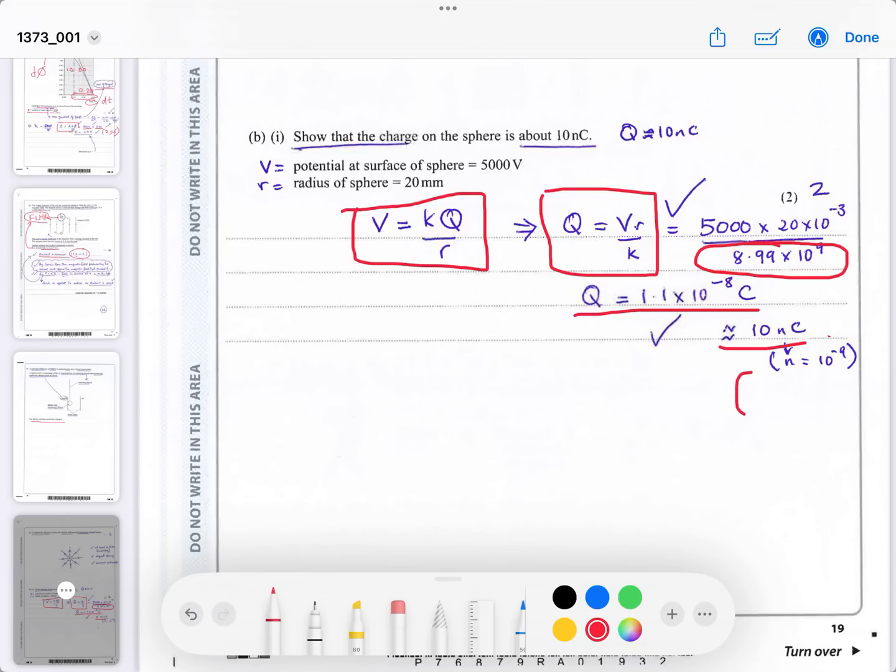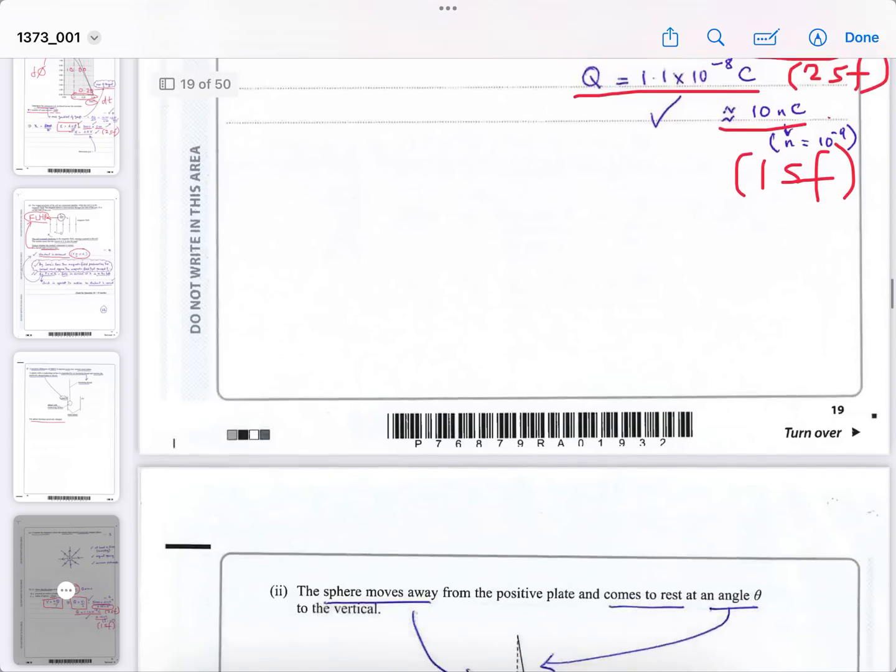In fact, all the values are only known to one significant figure, so there's no point in having a decimal place here. This would be to 2 significant figures. So it's important that you understand the significance of significant figures. Okay, so we've done part B.